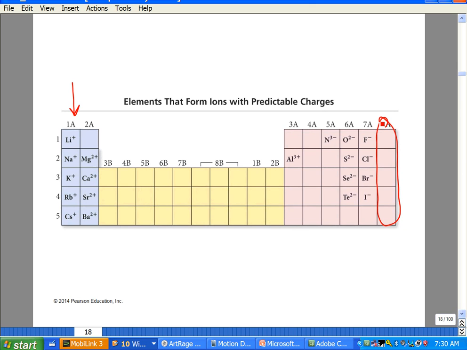So in order to have 8 electrons in the outer shell, it is so much easier for the elements on this side of the periodic table to just lose an electron, and it can look like this. So elements in group 1A will lose 1 electron, so they generally form +1 cations. Elements in group 2 lose 2 electrons, so they generally form +2 cations.